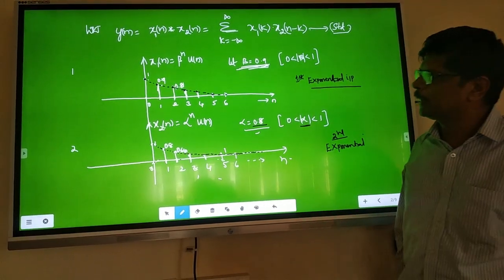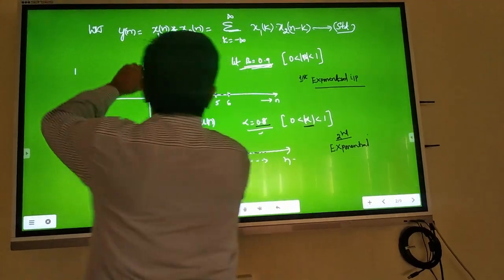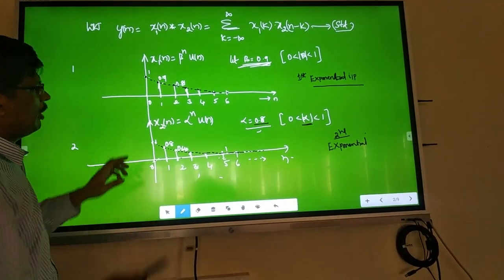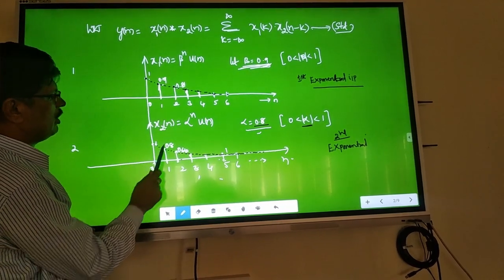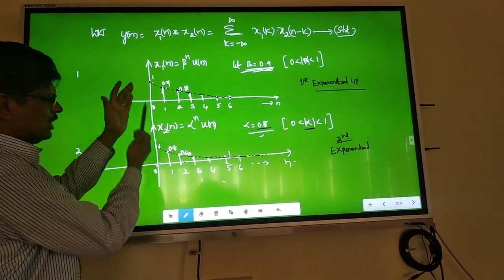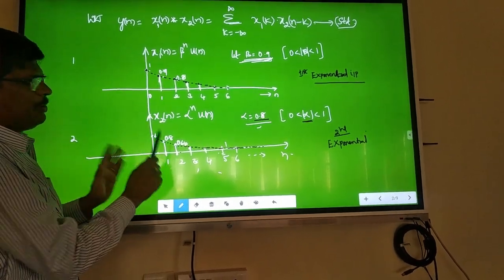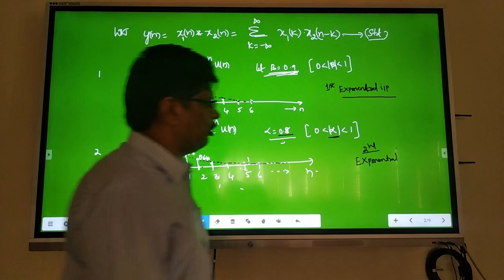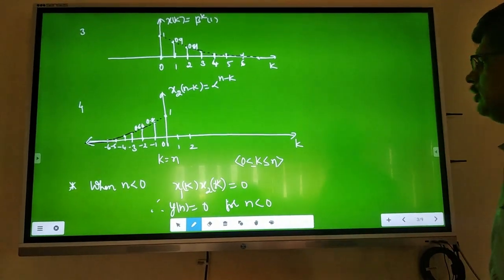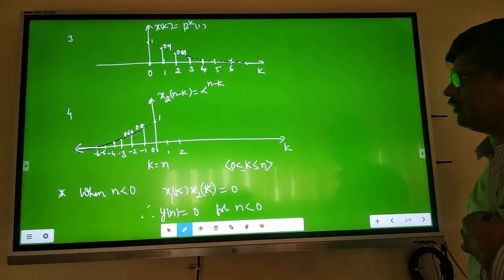What is the similarity in both? Both are exponentially decreasing only. At 0 there is no change. At 1 it is 0.9, and at 1 it is 0.8. At 2 it is just decreasing. This is the bigger one, this is the smaller one. But both are exponential only.